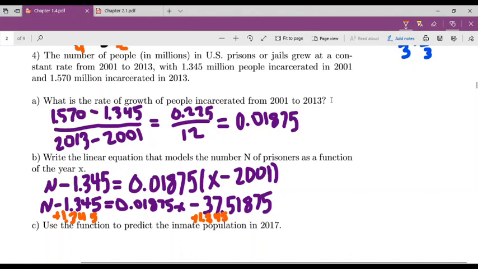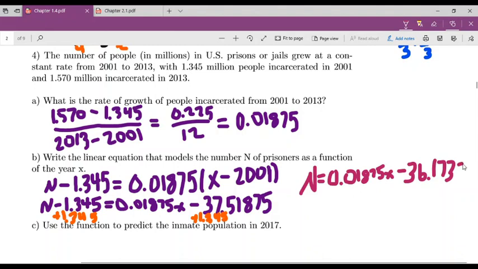So that I get a final function, I change colors, that looks like n equals 0.01875x, and then minus, you'll have to subtract those two numbers here, so we will do minus 36.17375.